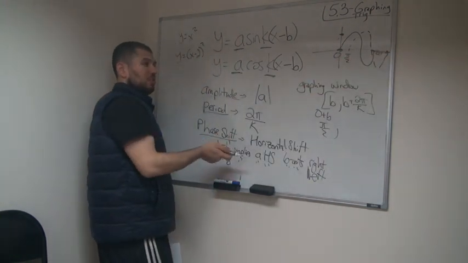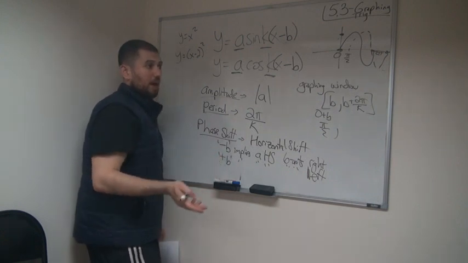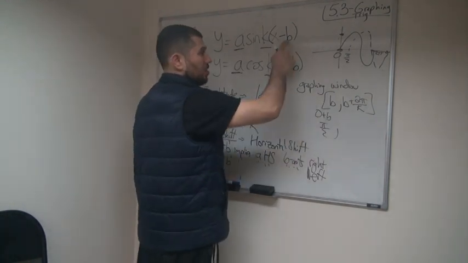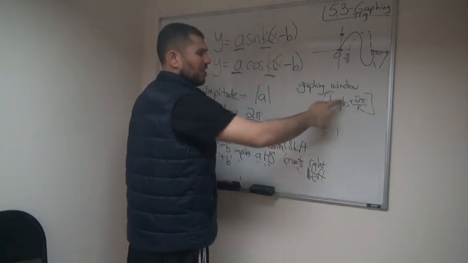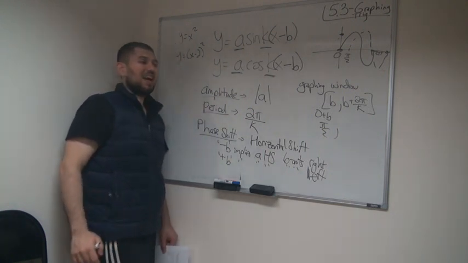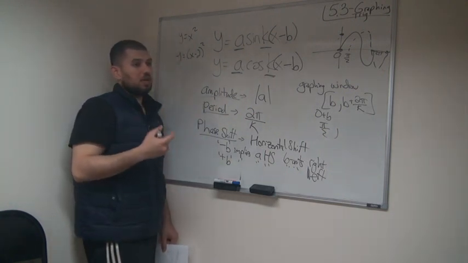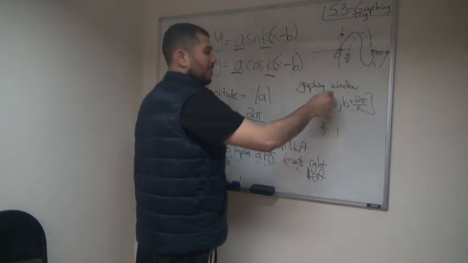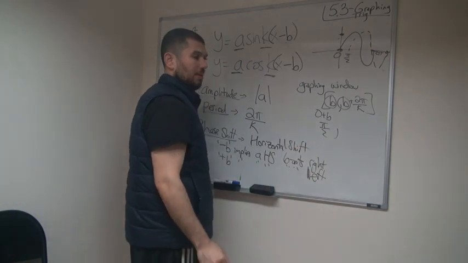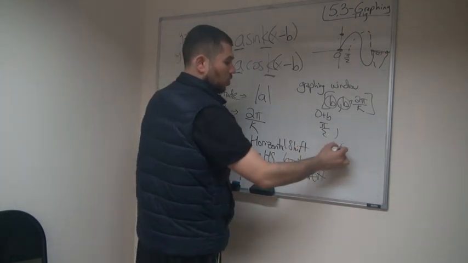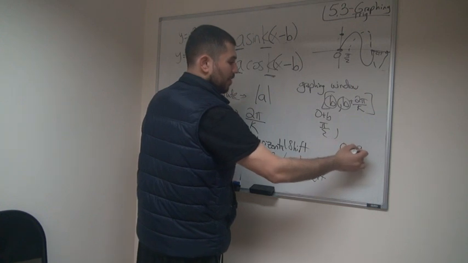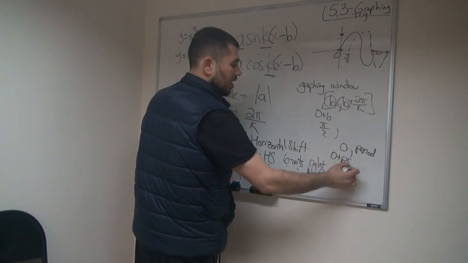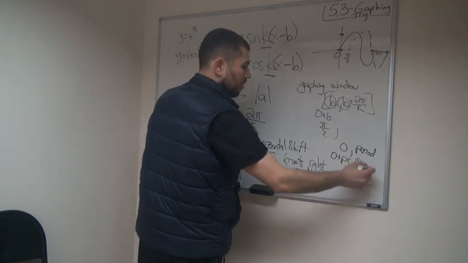But if the period changed, if let's say my period now became 4 pi, then I'm ending at 4 pi, and I need to add the phase shift value to it. So what the graphing window does is it allows me to take my function and kick it out to the left or to the right. All I'm doing is adding the phase shift value to the start and ending point of the graph. So if I used to start at 0 and end at the period, now I'm starting at 0 plus the phase shift and ending at the period plus the phase shift.